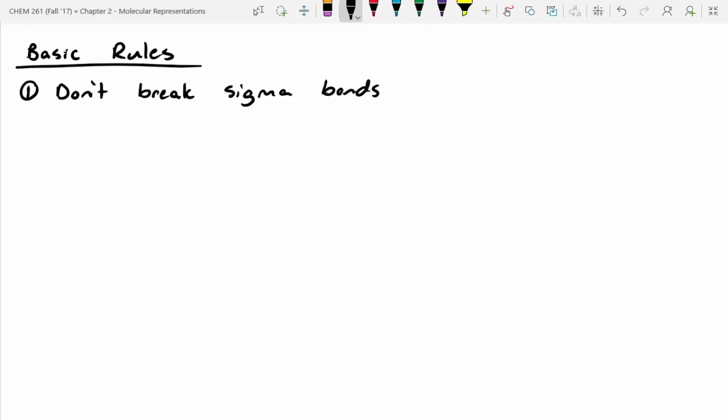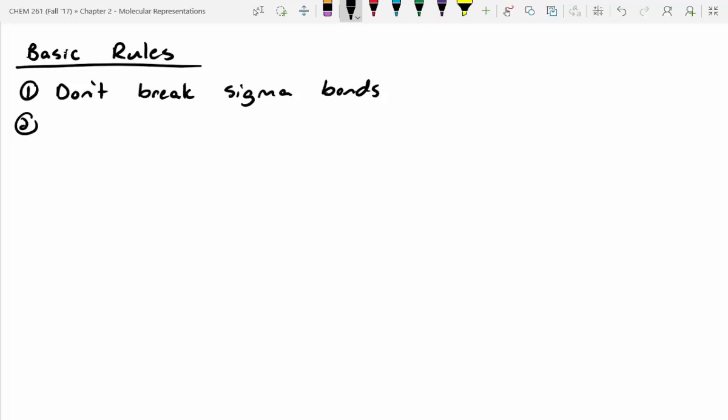Another way to describe a sigma bond is a single bond, right? In resonance, we saw we can move electrons, but those head-on overlaps aren't easy to move. It has to be occupied, or it has to be in a p orbital or a lone pair.